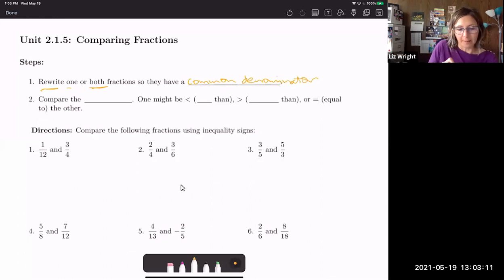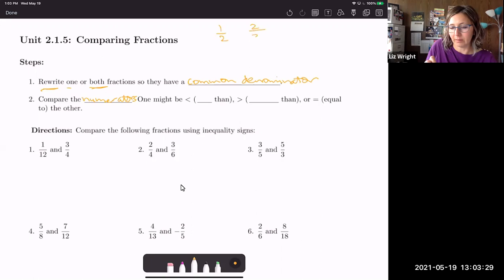And then we are going to compare the numerators of those fractions.